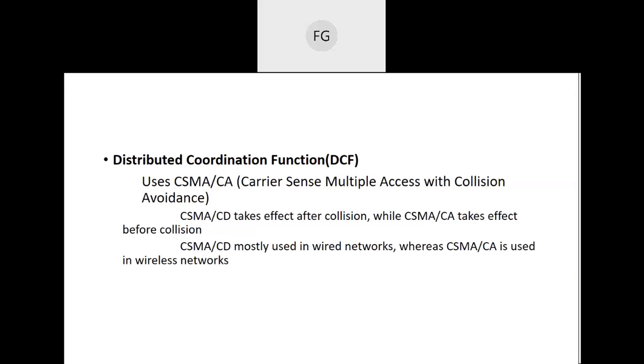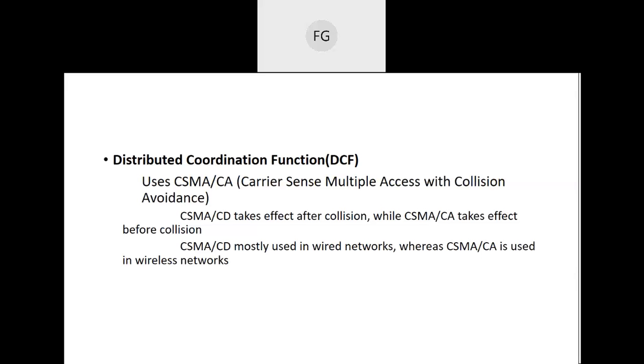First, coming to distributed coordination function, this is one of the two protocols defined by IEEE at the MAC sublayer, and the DCF uses the CSMA/CA as the access method. That is, carrier sense multiple access with collision avoidance.